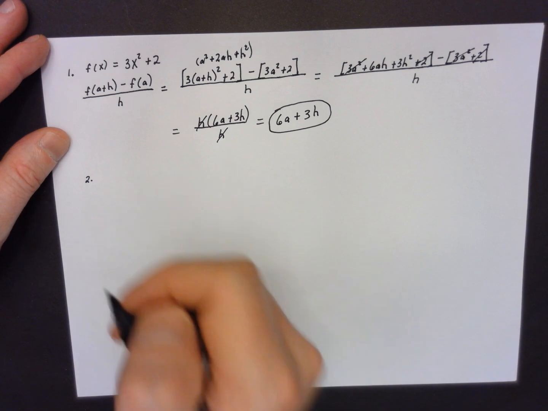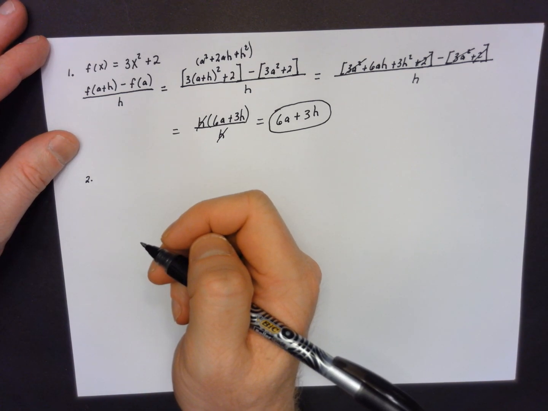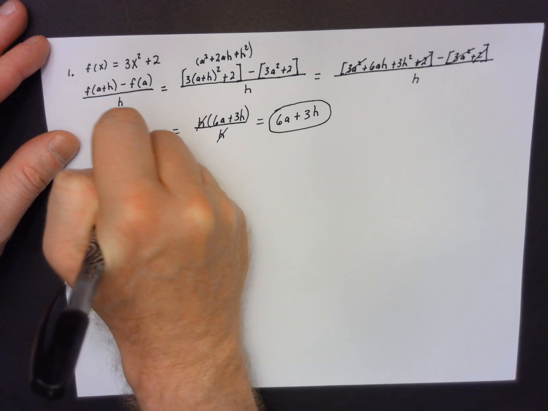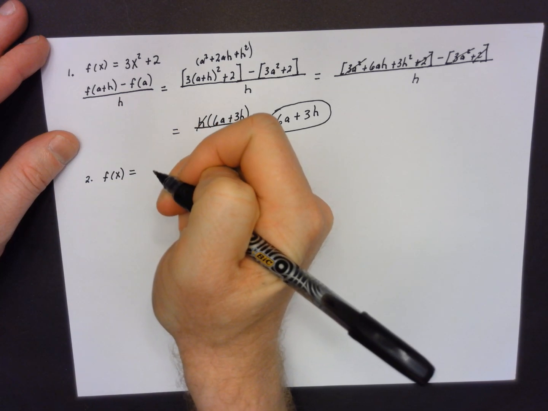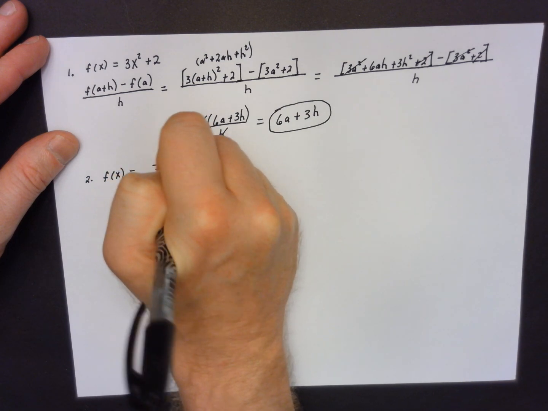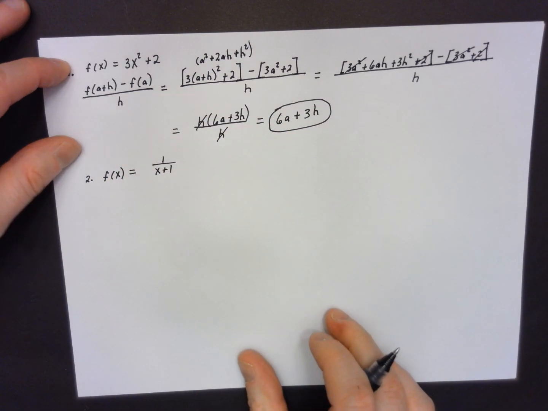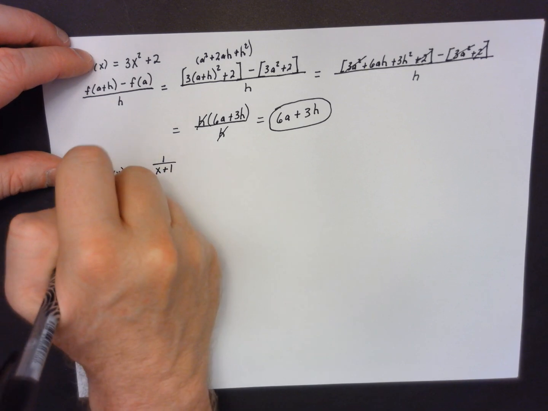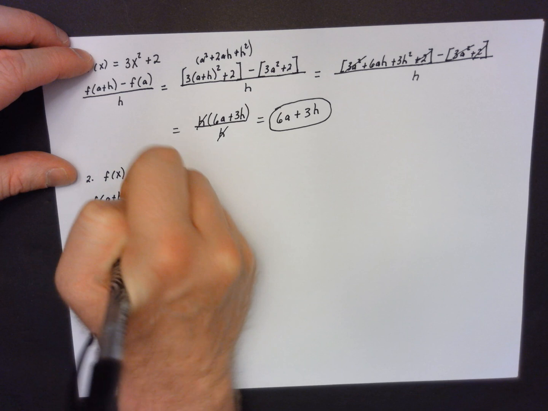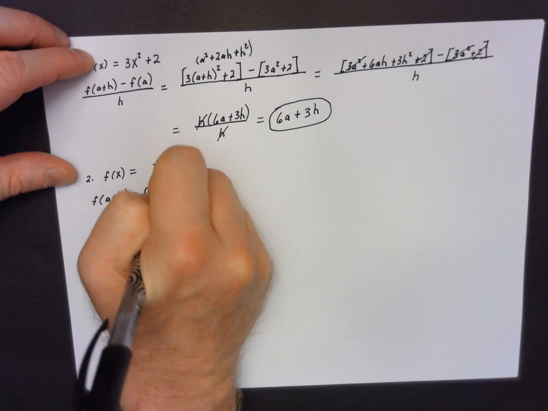A second problem here, this is actually 46 in the section. I'll say f of x is equal to, this time we have a fractional problem, 1 over x plus 1. And again, the goal of this is to apply the difference quotient. The difference quotient asks us to evaluate f of a plus h minus f of a over h.